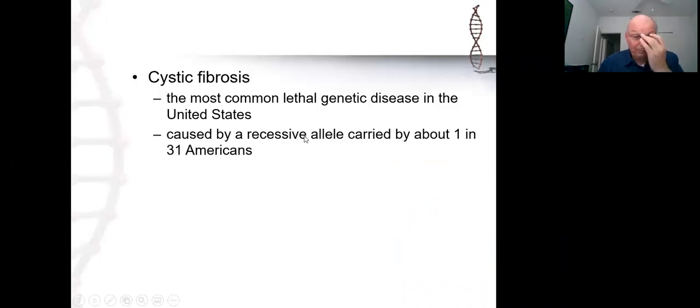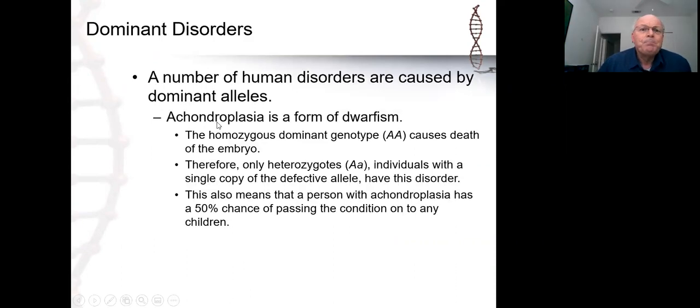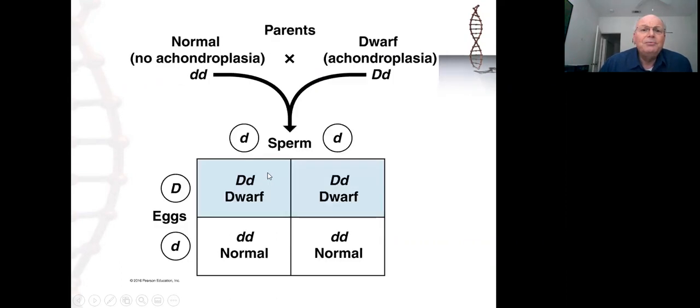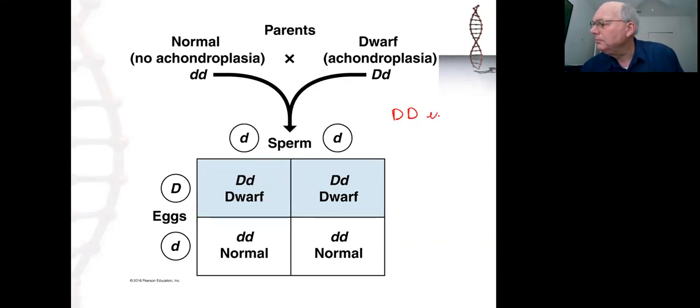So we've talked about cystic fibrosis and the nature of cystic fibrosis, so I'm just going to move on from there. With dominant disorders, the presence of a single allele means that the individual is going to have the disorder, obviously. Now, in the case of achondroplasia, the situation is a little bit more complicated in that the big D combination, this is our lethal combination.